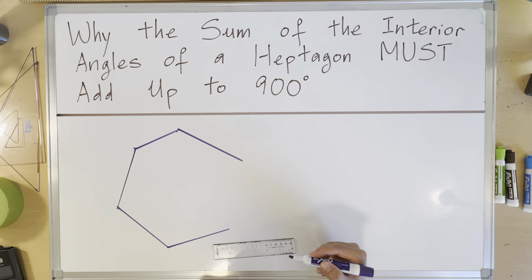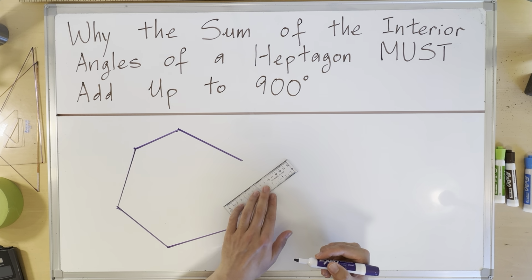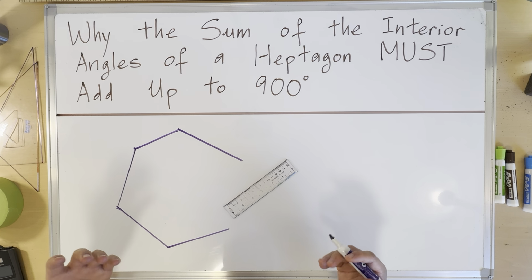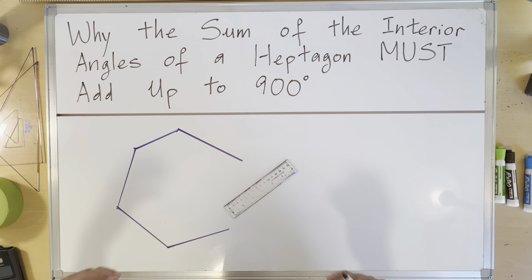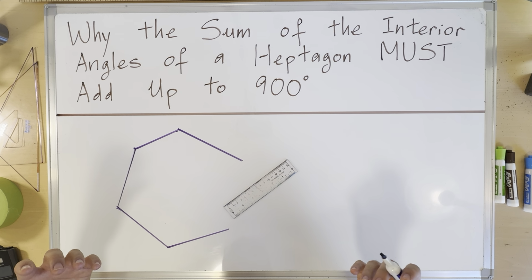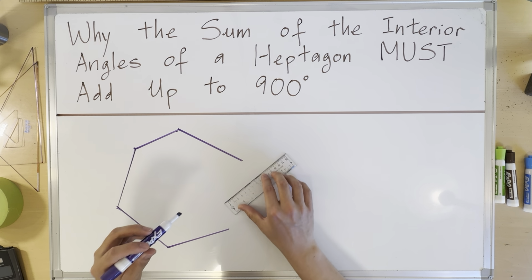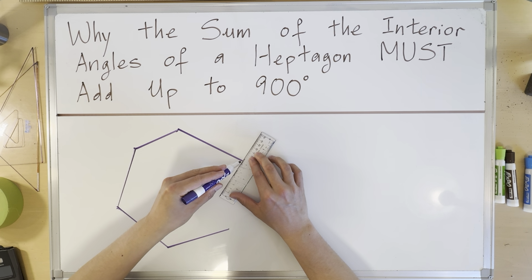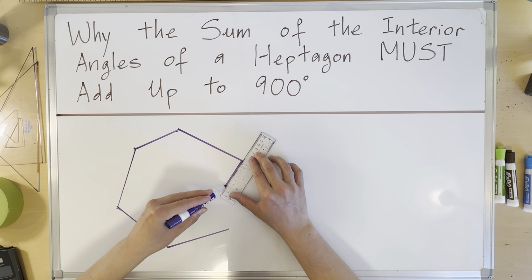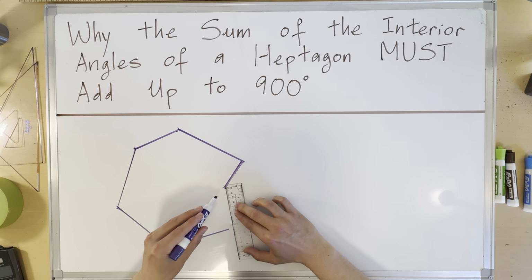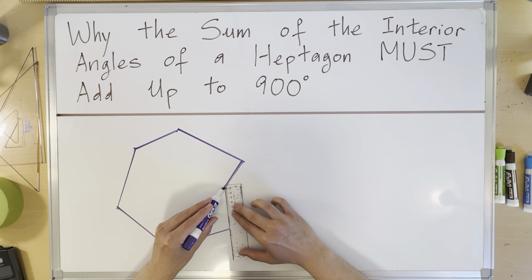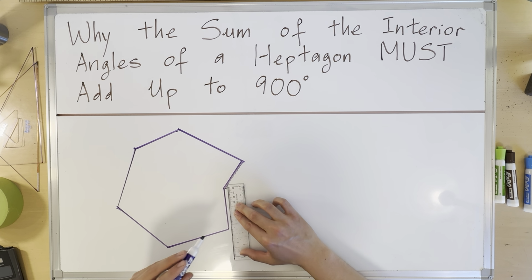Now it's missing 2 more sides, and I'm going to make this an irregular concave heptagon instead of a convex heptagon. So let's suppose we have this and this.